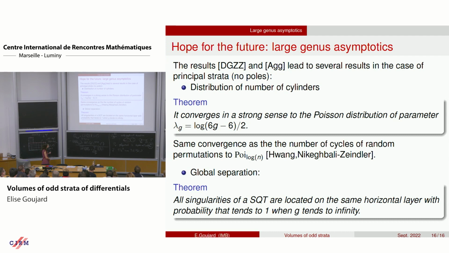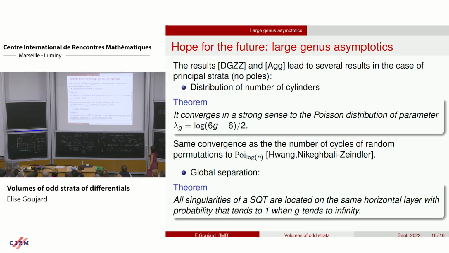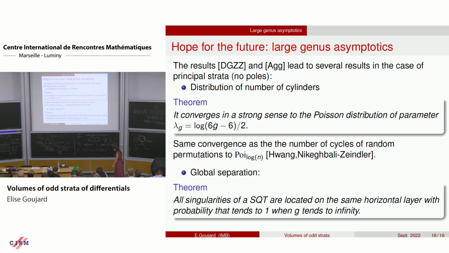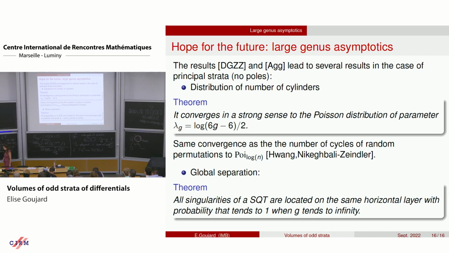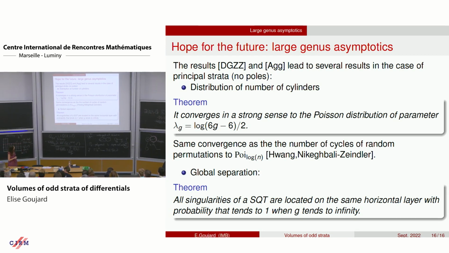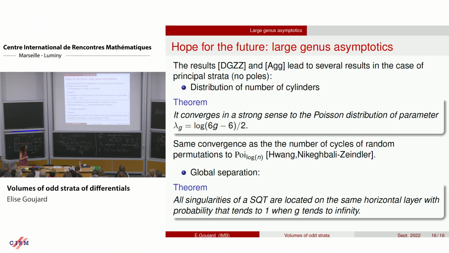Also, you can study the distribution of the number of cylinders, and there is a nice result that it converges, in some sense that I don't want to detail here, to a Poisson distribution of parameter log of the dimension, basically, over 2.